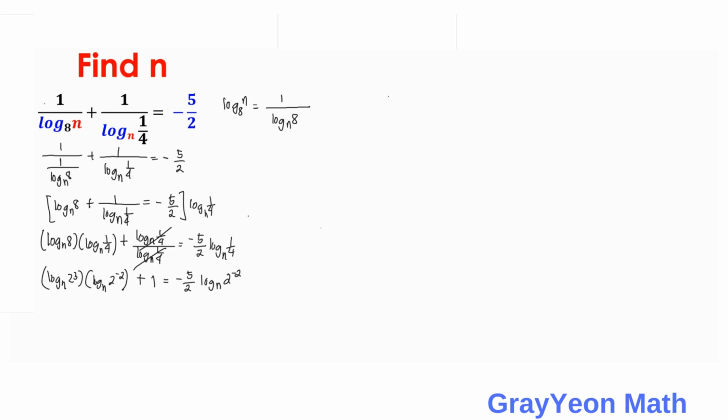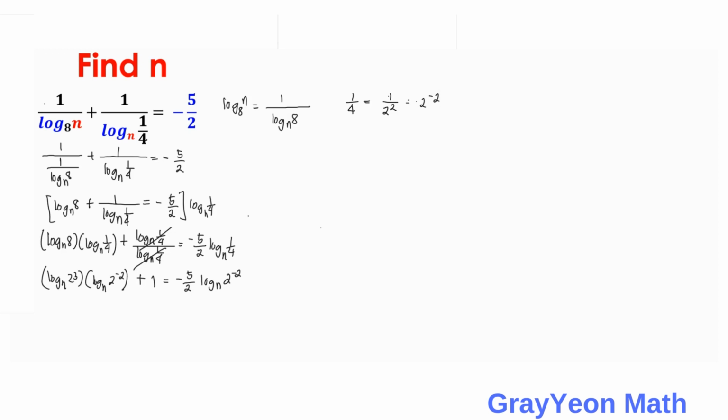We know that 1/4 is equal to 1 over 2 squared, and if we put that in the numerator, we need to make the exponent negative. That's why it becomes 2 raised to negative 2.